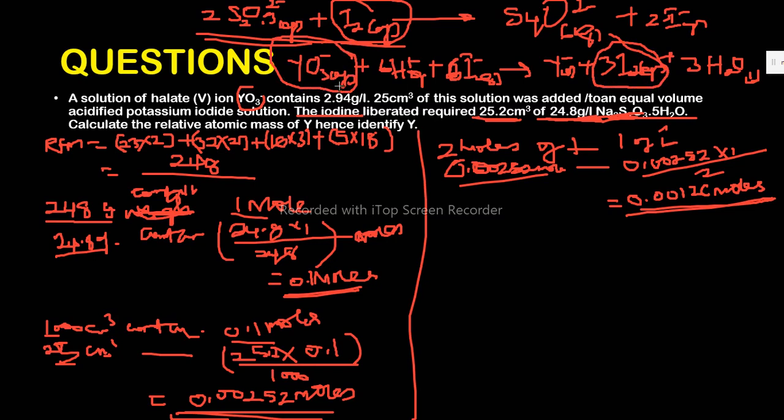So from the equation, 3 moles of iodine are liberated by 1 mole of the iodate, IO3 minus. I'm trying to be economical as far as space is concerned.